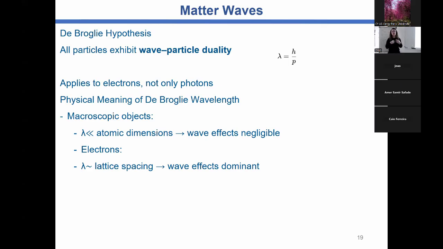So, for example, we can describe ourselves as a wave or somehow particles, sometimes particles, sometimes wave. And we could correlate our wavelength, for example, with our interaction with the matter here.